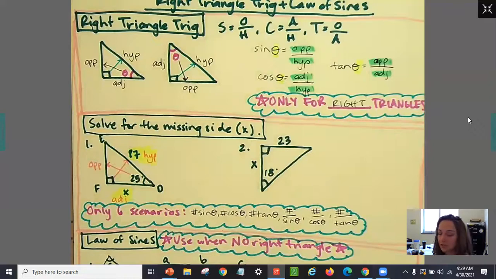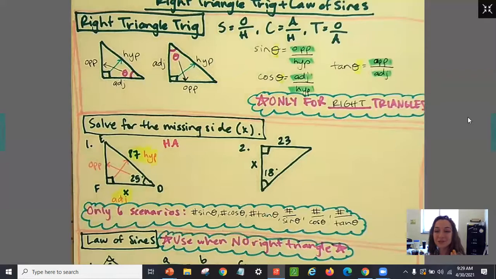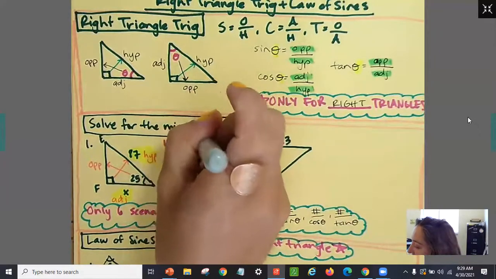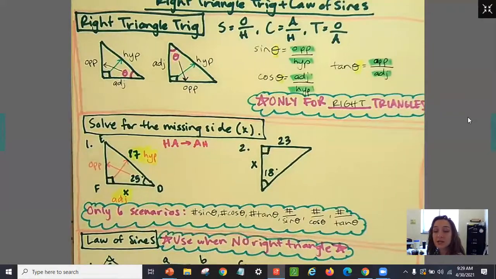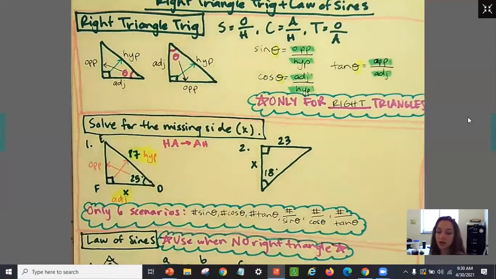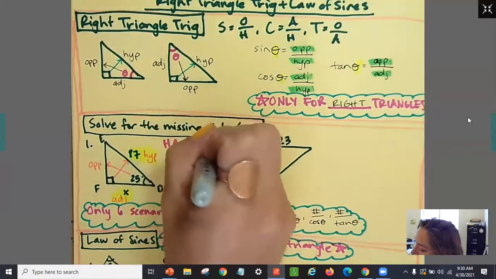So if we're using h and a, it's kind of hard to see which one you're going to be using, right? So let's say this is actually a, h. And now you can see that we're going to be using cosine because it is the SOHCAH, a and h, TOA, all right? So we're going to be using cosine, cosine equals a over h.